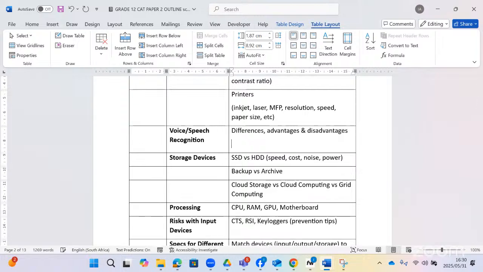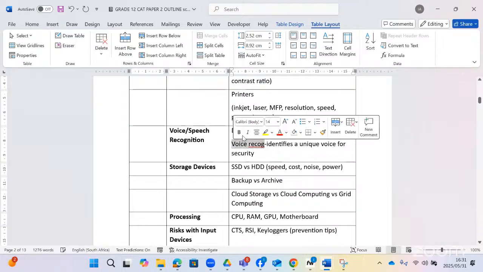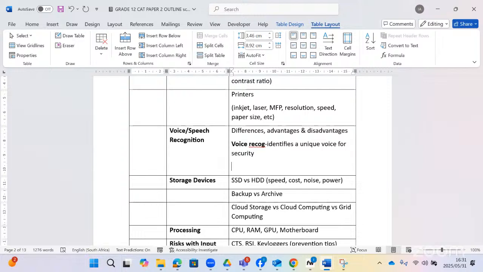So the difference is that voice recognition is a feature that identifies a unique voice for security, for example, for biometrics. But when it comes to speech recognition, this one only identifies the spoken words.